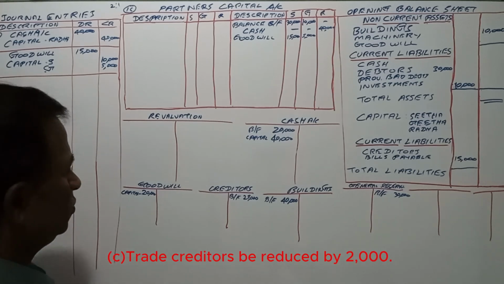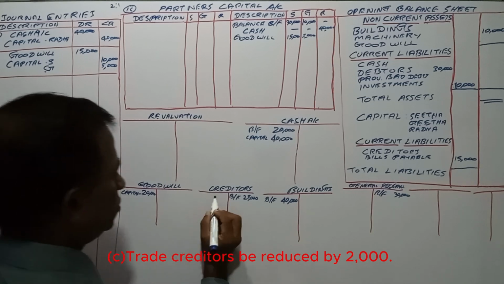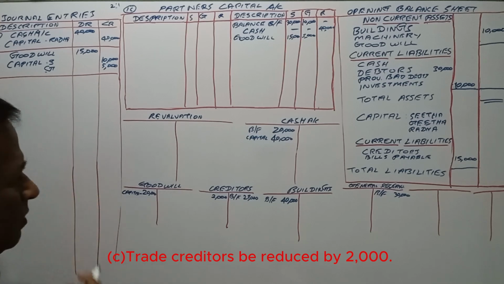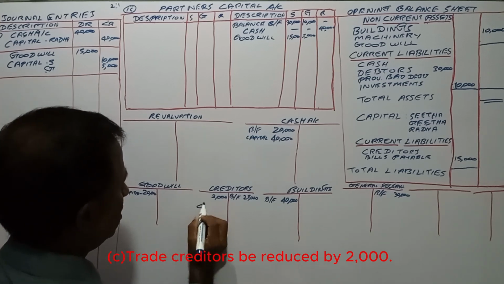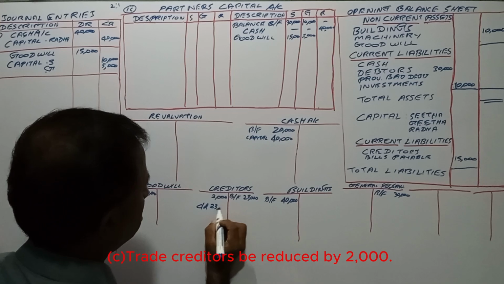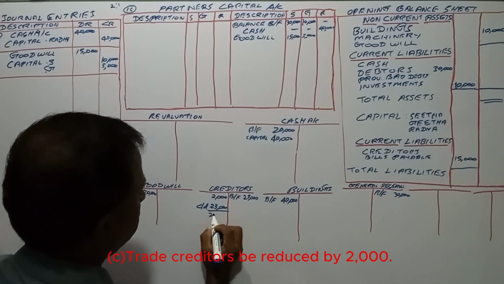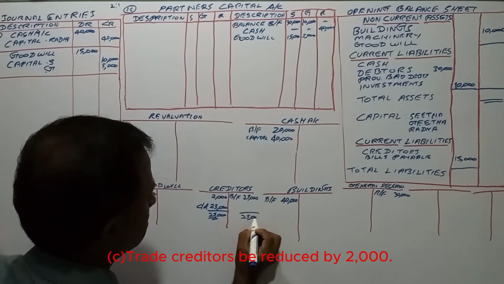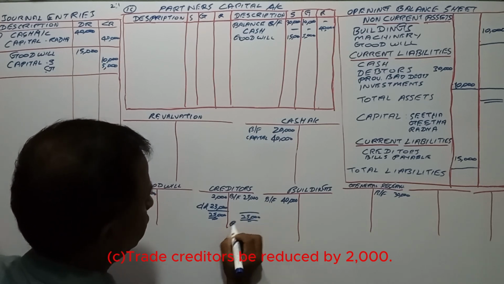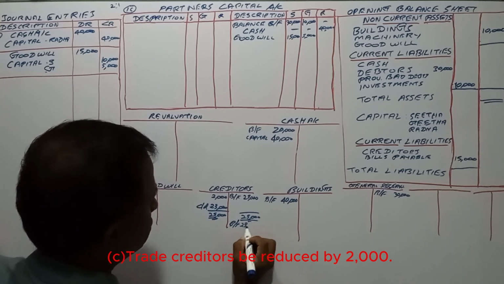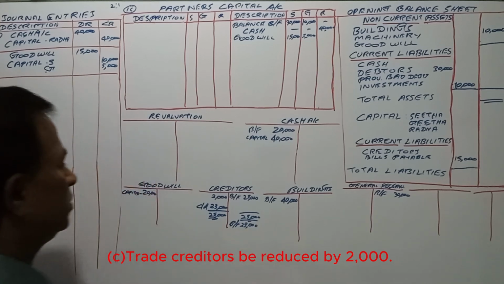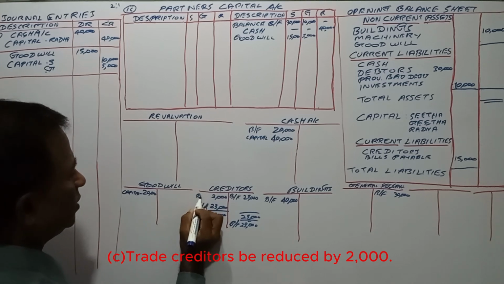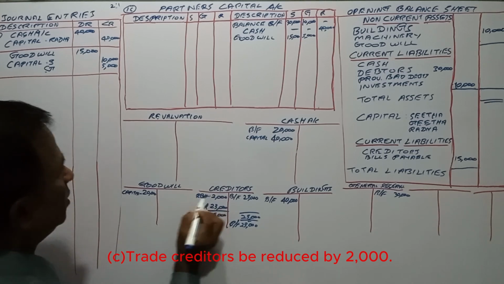Trade creditors reduced by 2000. So we are going to debit the trade creditors, reduced by 2000. Then carried down value would be 23,000 for the creditors, from 25,000. Brought forward is 23,000. It should be 23,000 because 2,000 we are going to transfer to revaluation account.